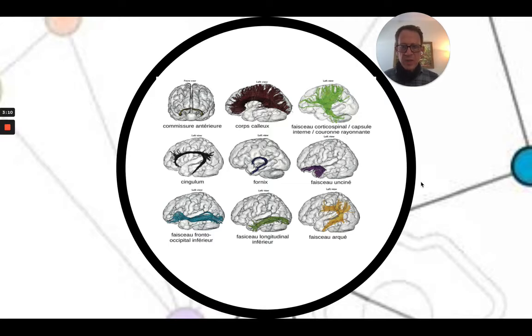Going from top left across the rows and down, we have the anterior commissure, which connects the frontal poles on both sides. We have the corpus callosum, which is the largest connection of pathways in the brain that connects the hemispheres from side to side, from front to back. It does not go all the way to the prefrontal cortex because the anterior commissure does that.